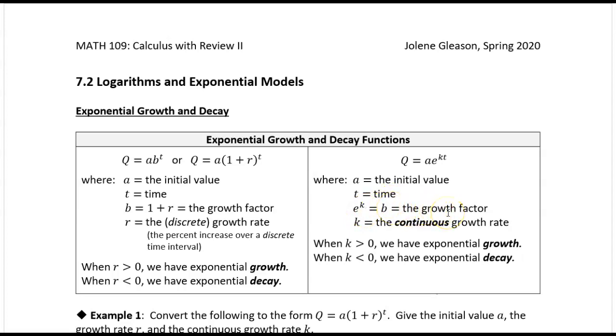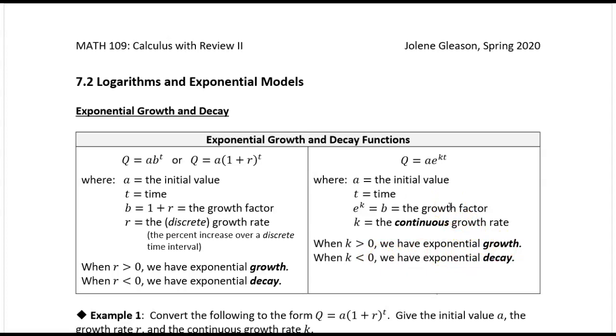That's your growth factor. And k is your continuous growth rate. Okay, and the same thing holds for this equation. Here we have k instead of r, but when k is greater than 0, we have exponential growth, and when k is less than 0, we have exponential decay.